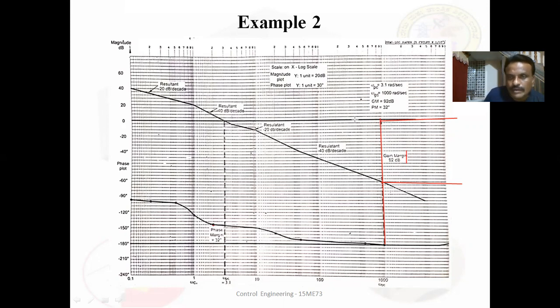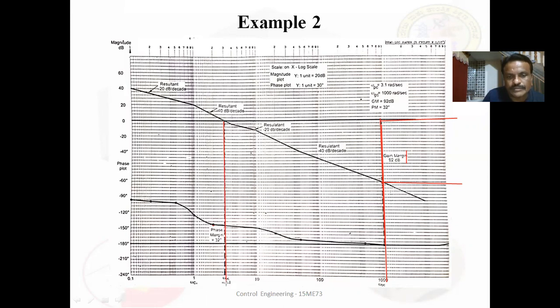Now the corresponding frequency is called the phase crossover frequency. Now you take the magnitude plot where it crosses the 0 dB line. It crosses here. Draw a vertical line.